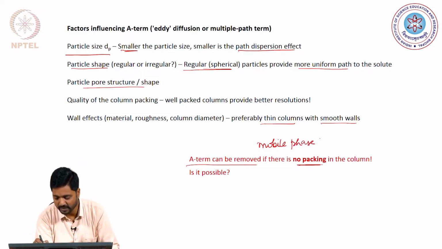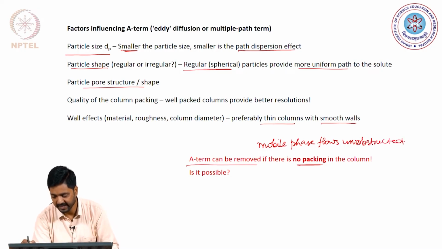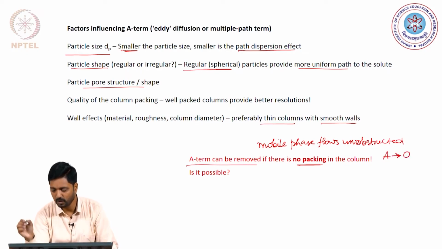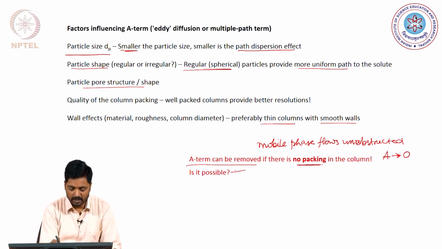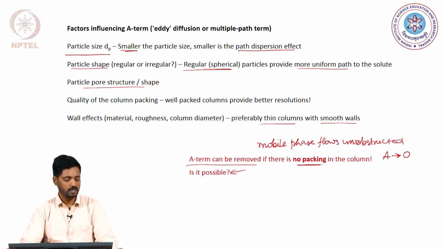So, the mobile phase flowing unobstructed will result in the A term going to 0, which will be an ideal case scenario. For today's class, I will leave this question to you: is it possible? In the subsequent classes, we will see how this is made possible.